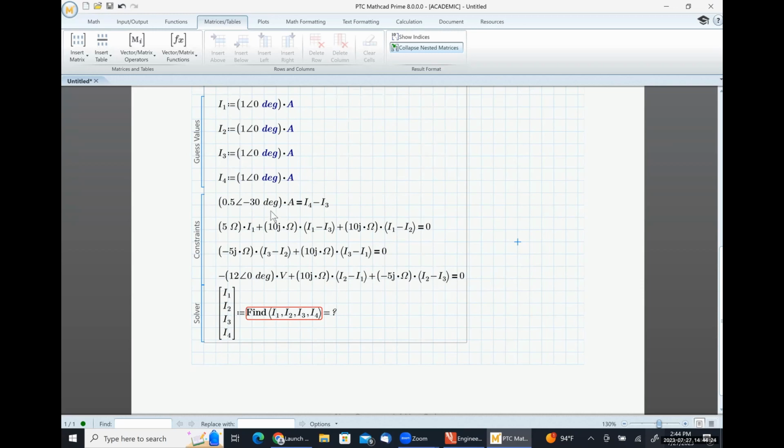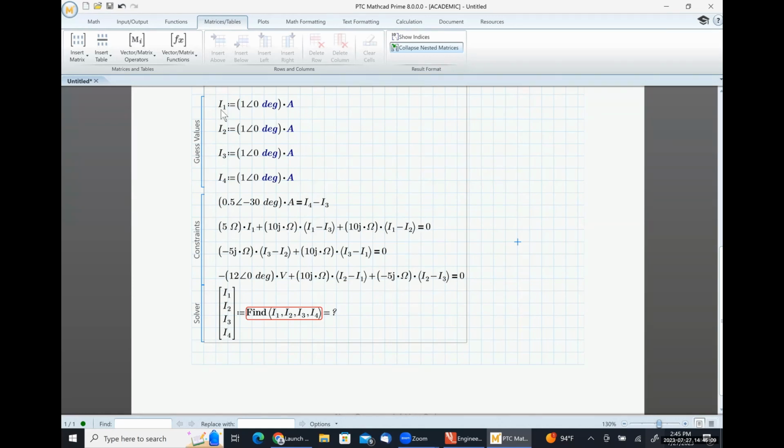So that first one looks okay. 5 ohms times I1 plus J10 times I1 minus I3, J10, I1 minus I2. Okay, then -5J I3 minus I2 plus 10J I3 minus I1 is equal to 0. And then -12 angle 0 volts, J10 I2 minus I1 minus J5 I2 minus I3.